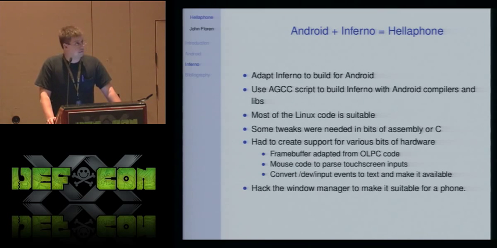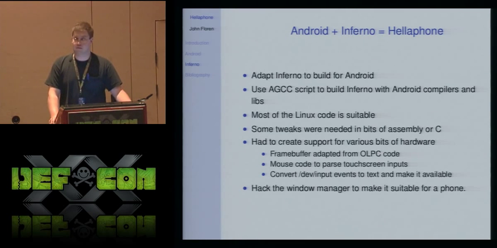And there's a script that we found called AGCC, which basically sets up your environment to use the Android GCC compilers and tells it where all the libs are. So rather than running GCC, you just run AGCC and it wraps it. We found that most of the existing code for Linux in Android was suitable for our uses. There were definitely some changes we had to make.